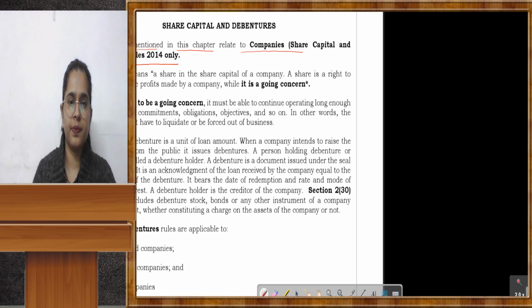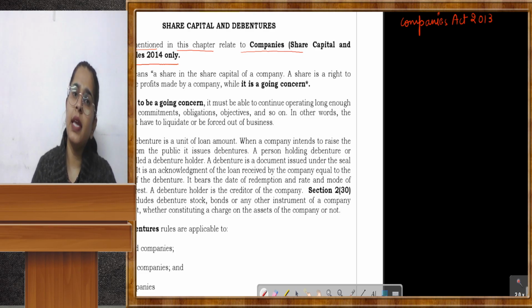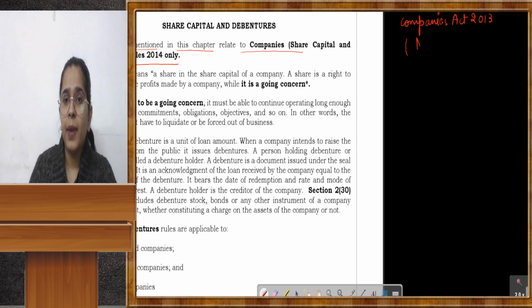See, the Companies Act 2013 is the main text which deals with the rules and regulations related to companies. Okay, so this is your main text.